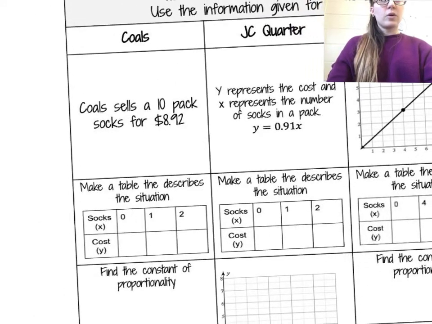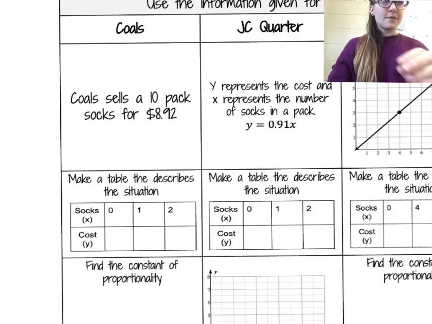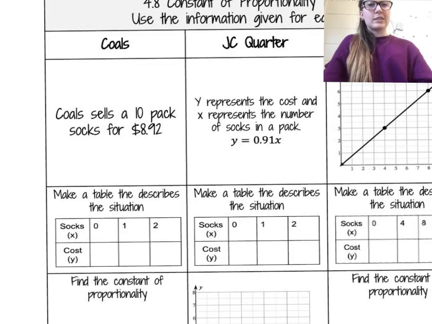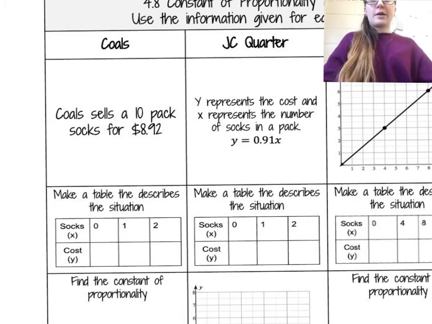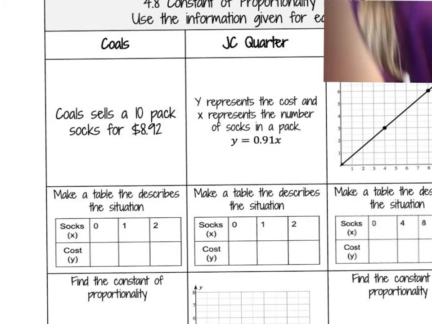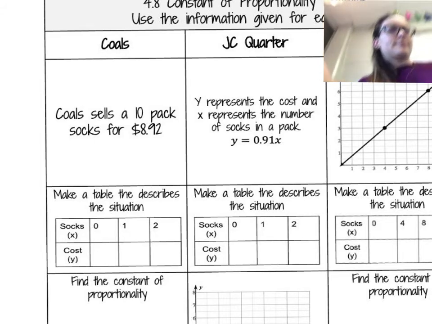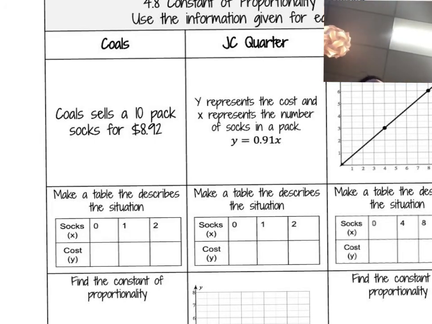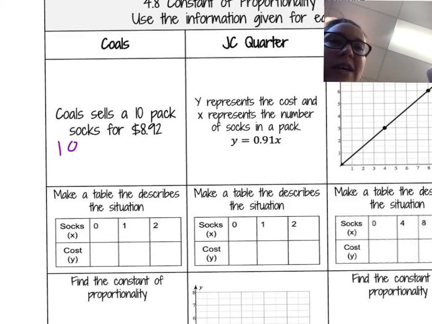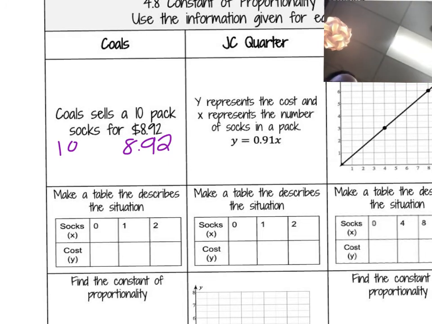So this is at Kohl's, they sell a pack of 10 pairs of socks for $8.92. Okay? Sorry, I'm sure that was so loud. I'm just gonna write it this way. My face is right here. Okay? So 10 pairs of socks for $8.92. So I need to know how much one pair of socks is.